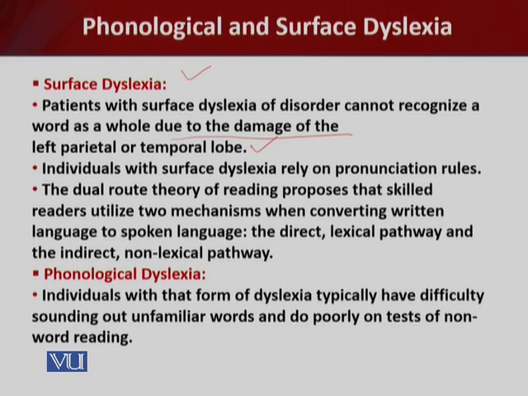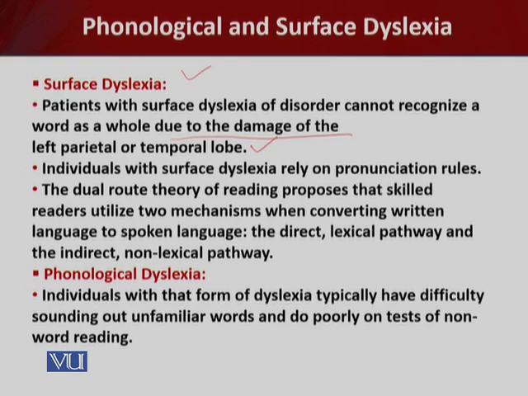Thus, patients with this particular type of reading disorder read non-words fluently, like yacht, but struggle with words that defy pronunciation rules, that is, exception words.